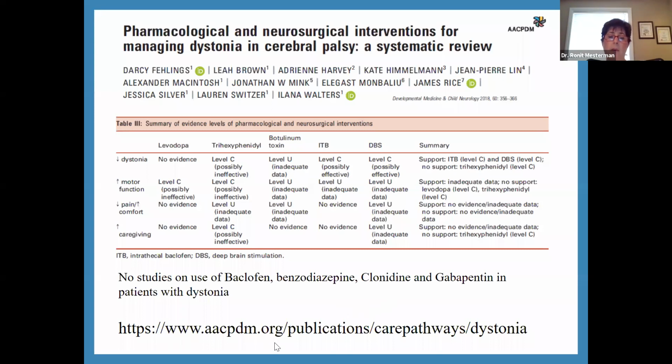There is a care pathway that still mentions all those medications, but they're really highlighting that there is very little evidence, or none, that it actually works, but in the absence of something better, they are still having it on the care pathways as an option.